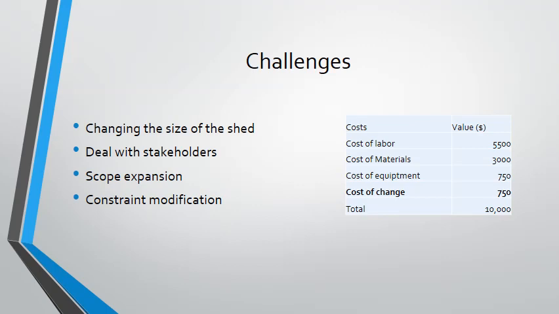On the other hand, I had to expand my scope and recalculate the costs. For example, my new scope was replaced by this one. The scope of this project is to build a 15 by 15 shed with a gable roof in my neighbor's backyard.